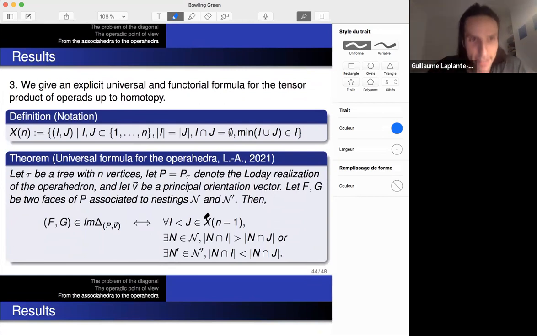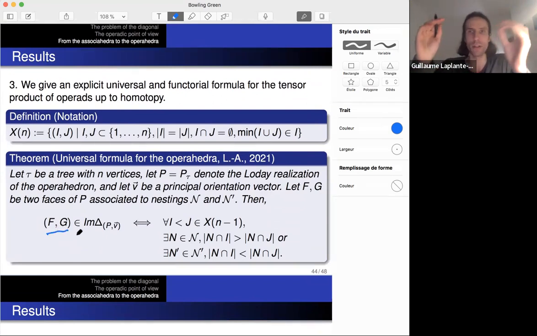So it says that a pair of faces... remember that a polytope is associated to a certain planar tree, and faces are in bijection with nestings. So if you have two faces, you have equivalently two nestings, curly N and curly N prime.